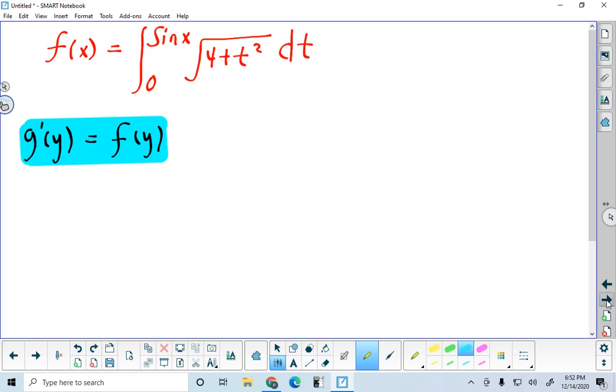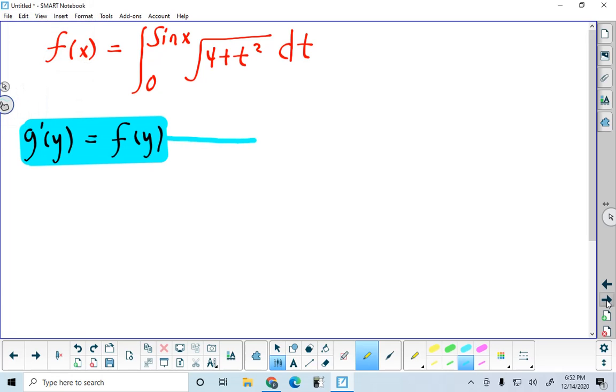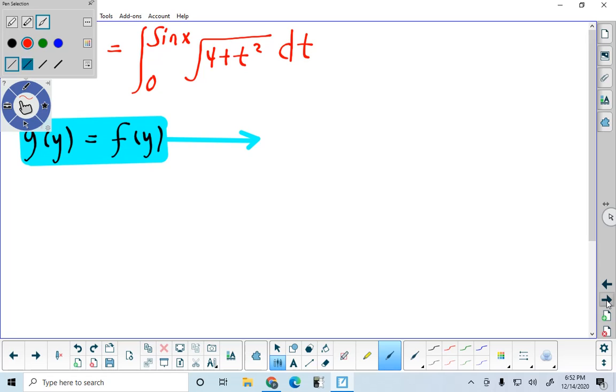So what I'm going to want to do is differentiate this f of y with respect to y, because what this is telling us leads us to g double prime of y being equal to f single prime of y.